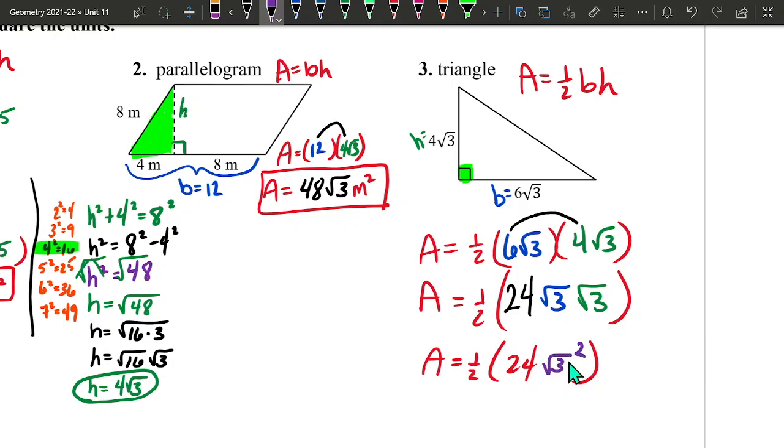Because when you square something, you're multiplying it by itself. So square root 3 times square root 3 is square root 3 squared. And whenever you square a square root, you cancel it out. So really, I just have the area equals 1/2 of 24 times 3.